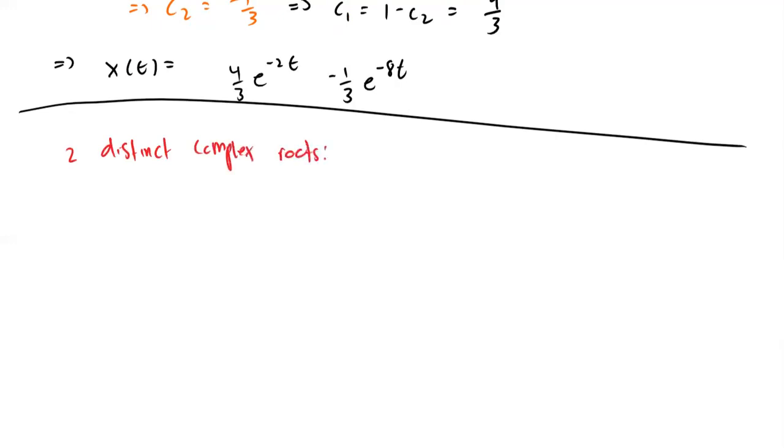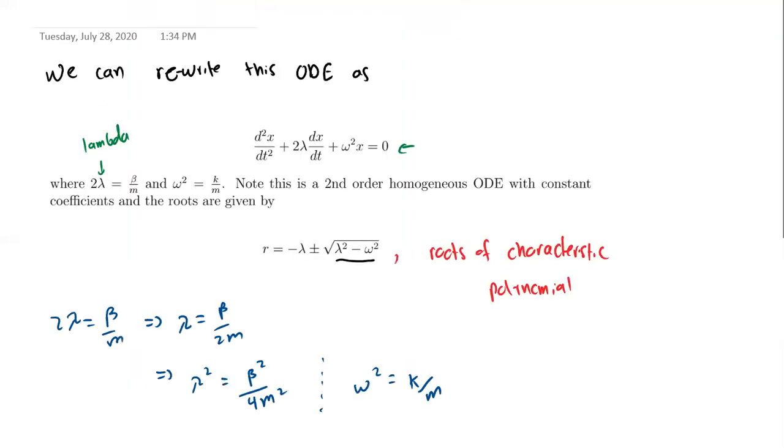If we go back to what the roots would be, this is what our roots would be if we write it in terms of lambda and w. You don't have to, as you see in the example we just did, I didn't write anything in terms of lambda and w. I just worked in terms of beta, k, and m, which is fine. However, this is going to be useful for what I'm going to write right now. This is going to make things faster.